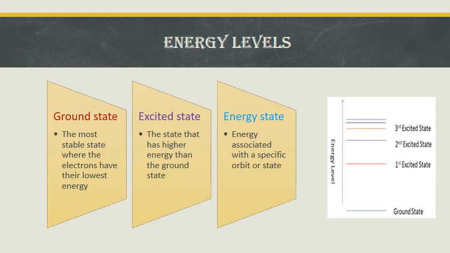And then kita ada energy state. Energy state adalah energy associated with a specific orbit or state. So for each of ground state, excited state, and energy state, you have to remember their definitions. Sometimes the questions in exam dia suka tanya, what is ground state? What is excited state?